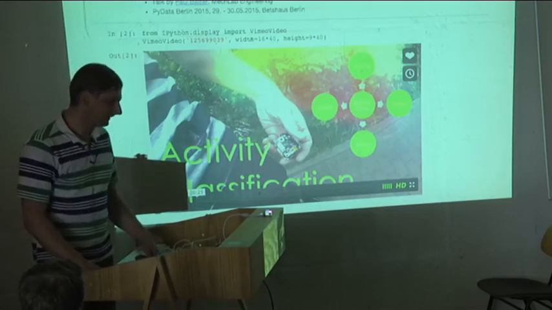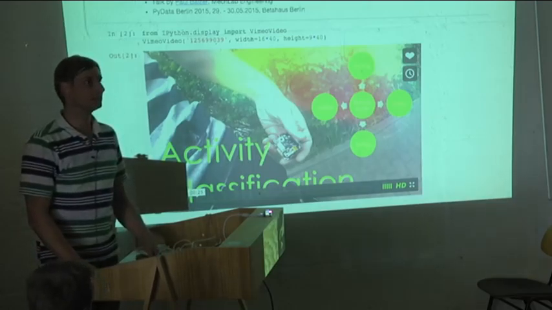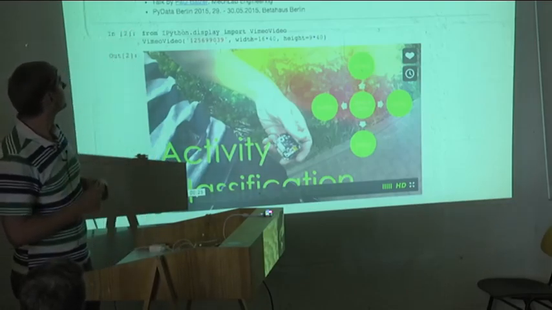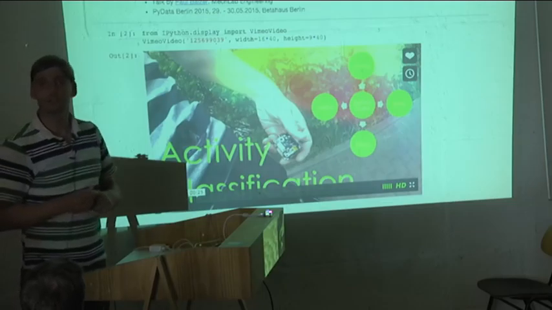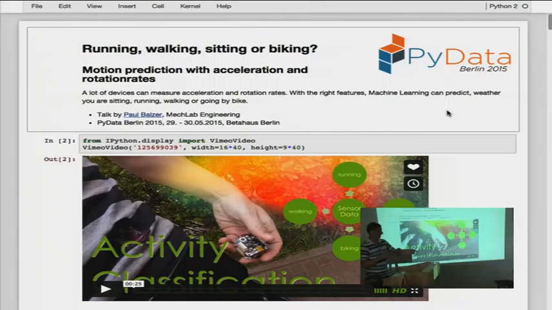In the end of my talk, I will sweat anyway, because we have a hardware demo of motion prediction with acceleration and rotation rates. We try to predict with machine learning whether the device is running, sitting, walking, or going by bike.